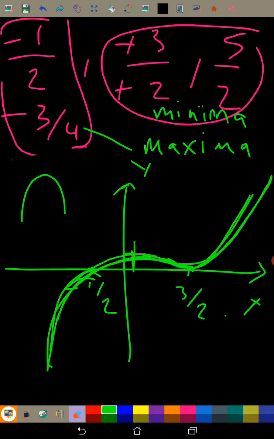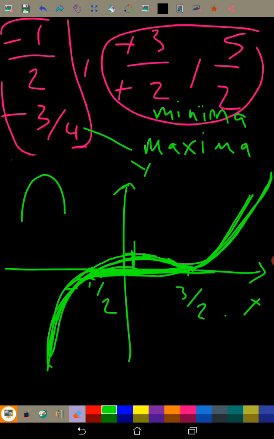Maxima is here. Can it be like that? No. When it's zero, what happens when it's zero?